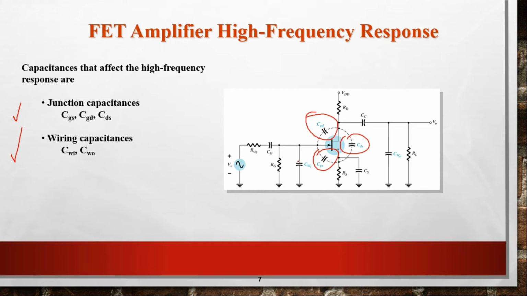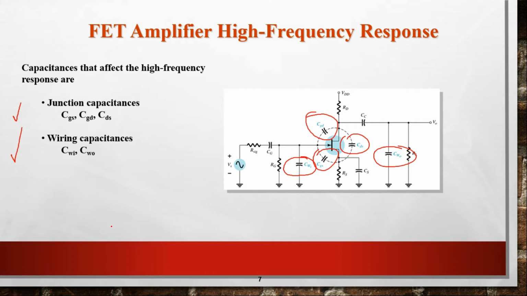And this is the input wiring capacitance and this is the output wiring capacitance. So, yung mga capacitors na yan, ang gusto kasi natin, open yan. Kaya lang, at high frequency, nagiging effective short. Let us see what will be the effect of those frequencies.